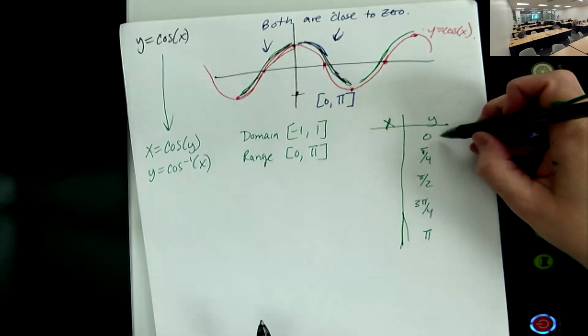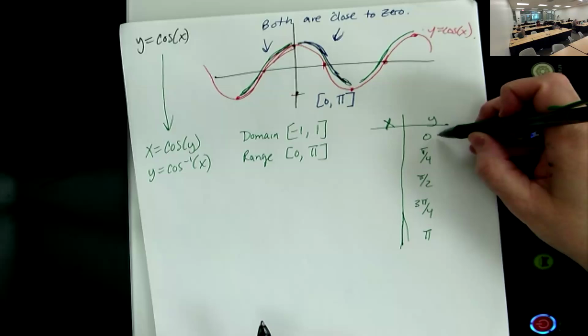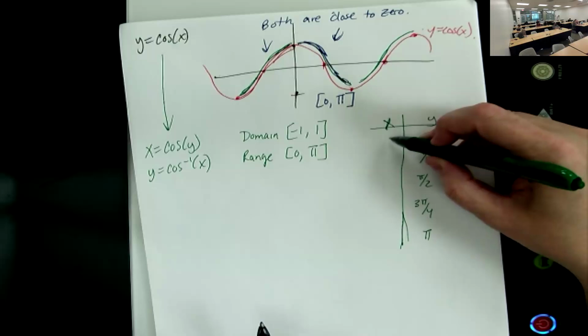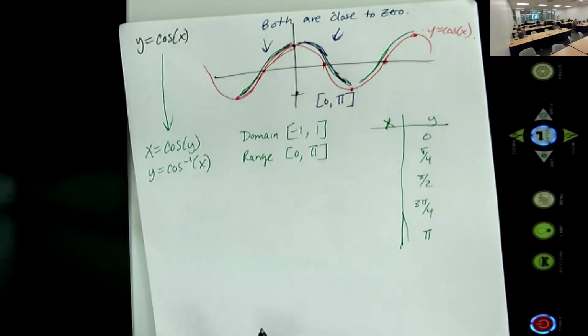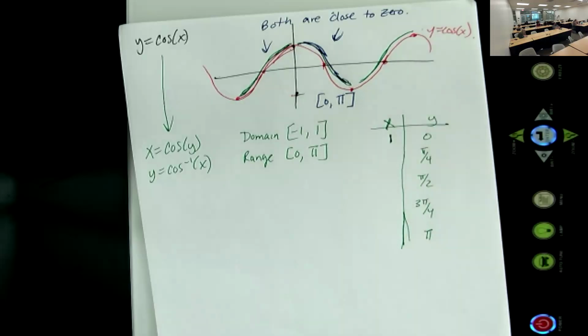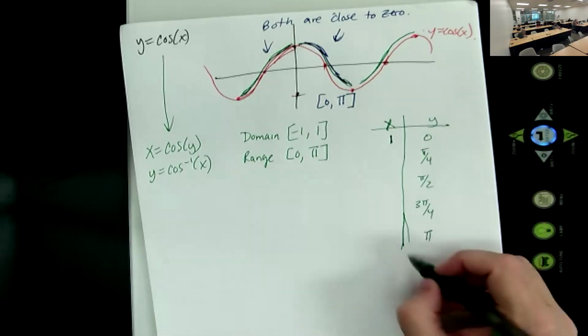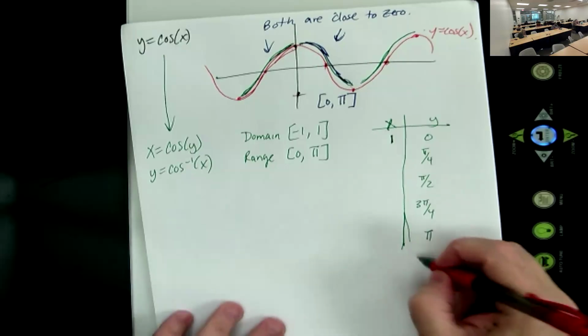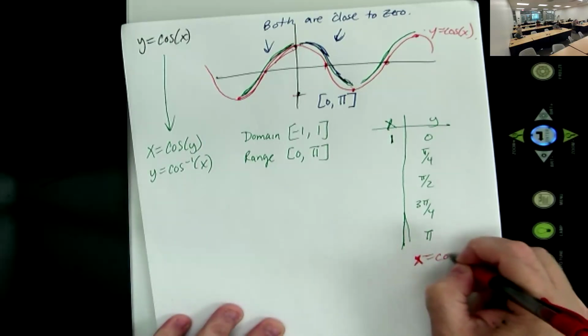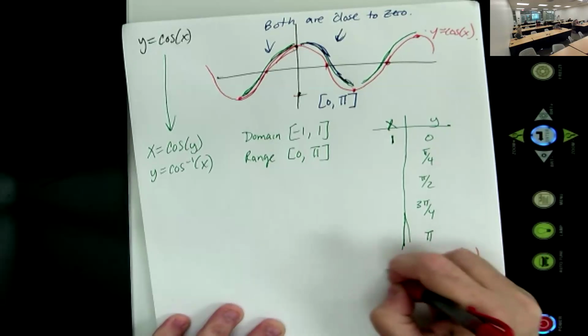Well, y equals 0 on cosine when x is 1. The easiest way to get the x's here is to do x equals cosine of y.